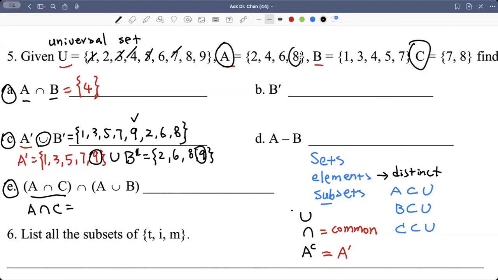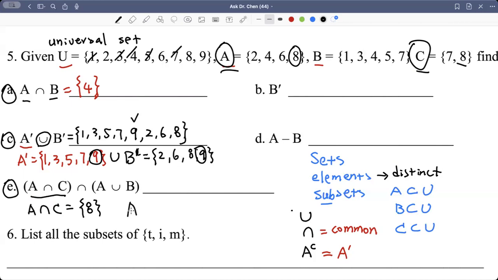And A has 8, no 7. So the intersection of A and C is just number 8. Right? 8 is in set A and in set C. So 8 is the only element in the intersection of A and C.